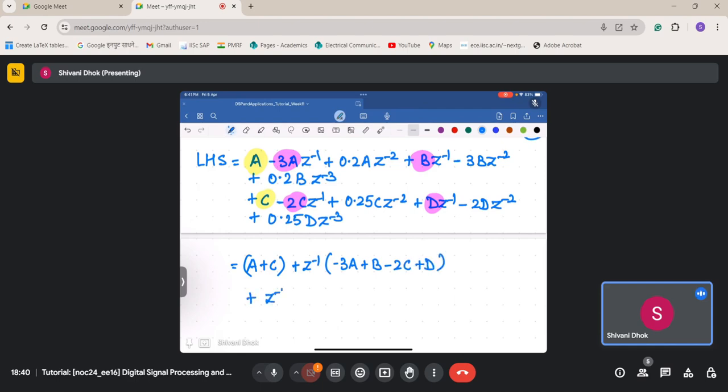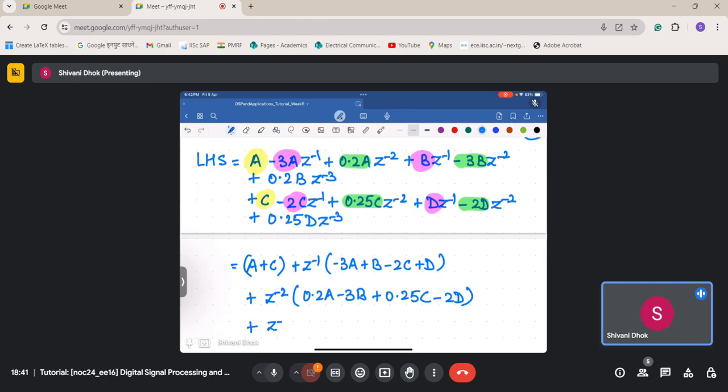Then for z to the power minus 2, we have 0.2a minus 3b plus 0.25c minus 2d.